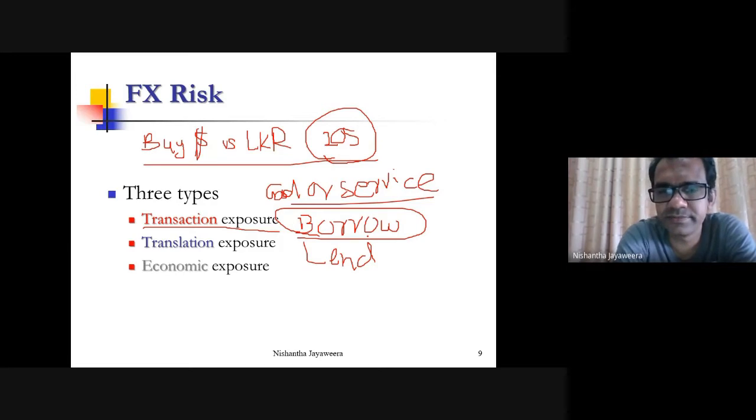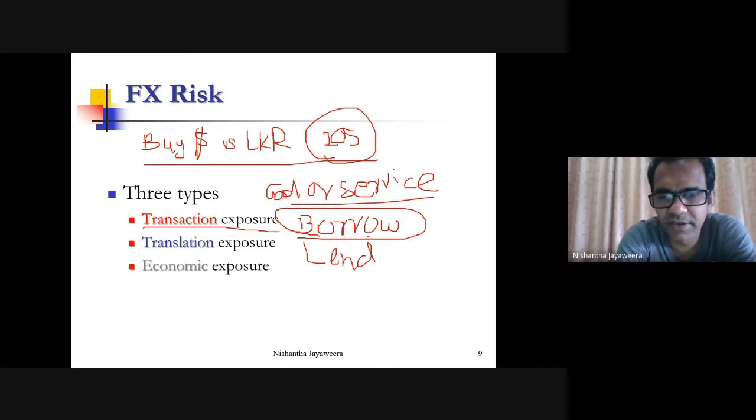Then by the time you receive this borrowed amount, you don't know what would be the exchange rate. What is the amount of rupees that you are going to get? So therefore that will expose you to this transaction exposure.